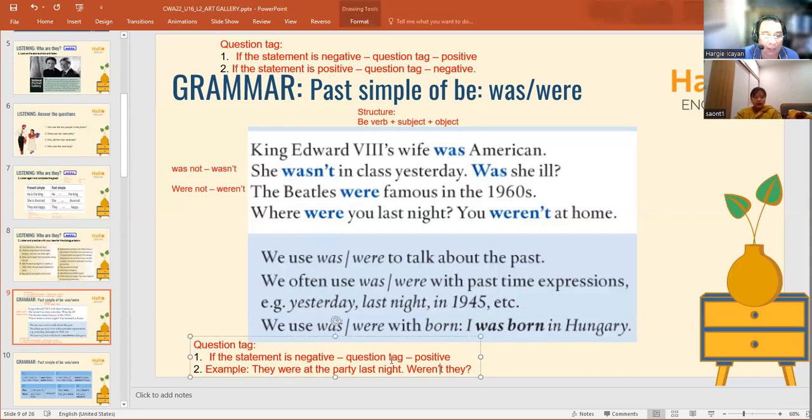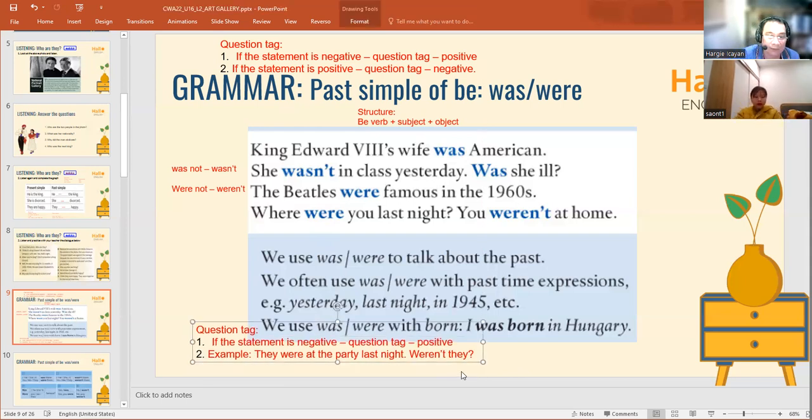Okay, what about this one? Another example.